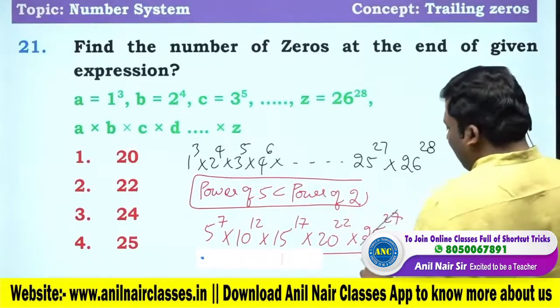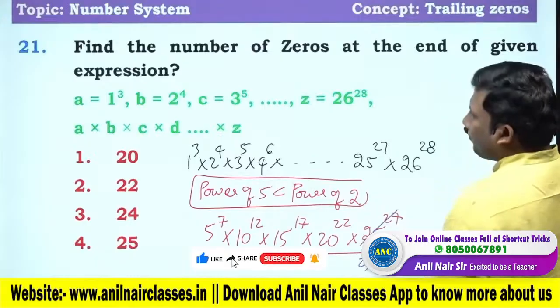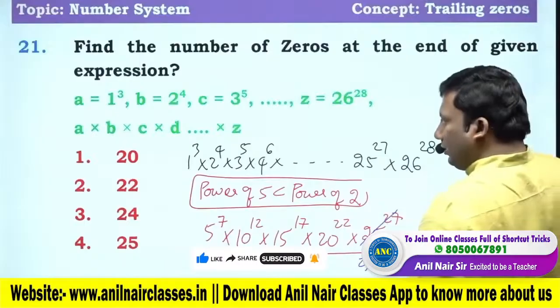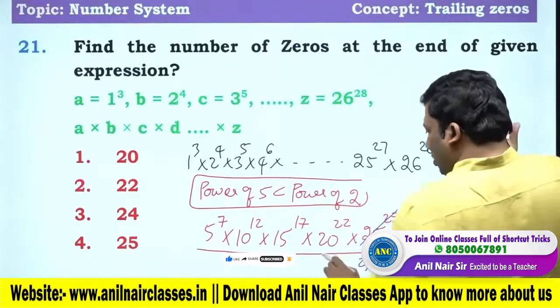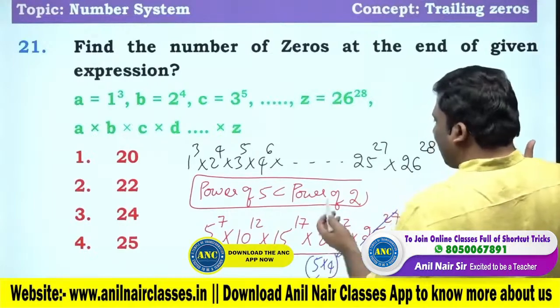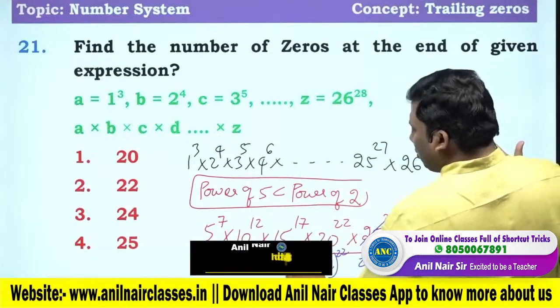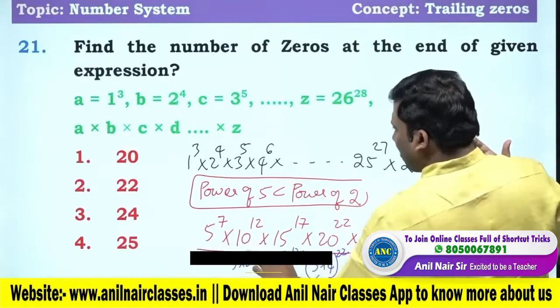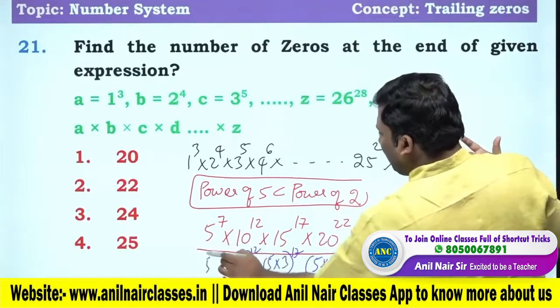So how much will it be? Here I will get 2 into 27. Here it will be 5 into 4 power 22. These powers are rising, right? 5 into 3 power 17. 5 into 2 power 12. And 5 power 7.